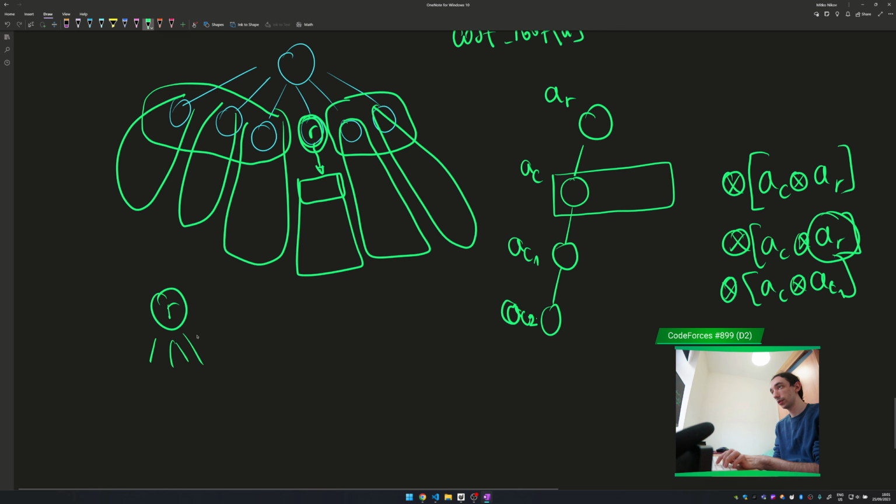I have some children. I know what is the cost for them being root nodes. Is all of these being XORed with this.